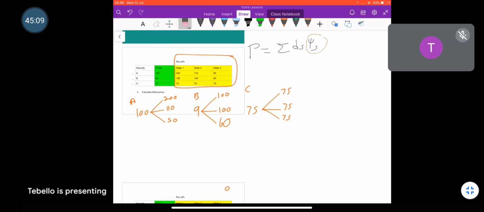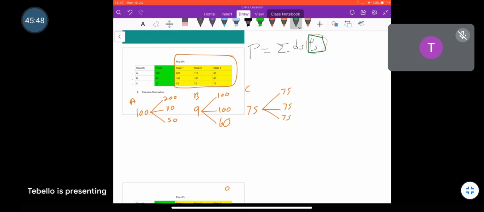Oh yeah. When I say a complete market, I just mean you have 3 assets and 3 states, or 4 assets and 4 states. In terms of the state pricing, this simply means that the state pricing is going to be unique. They are not going to be changing. So you are basically going to find one answer for every state pricing.